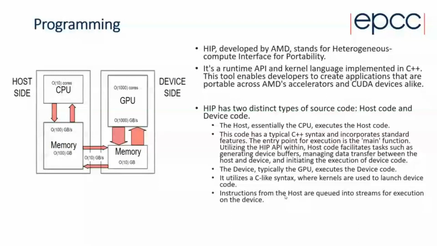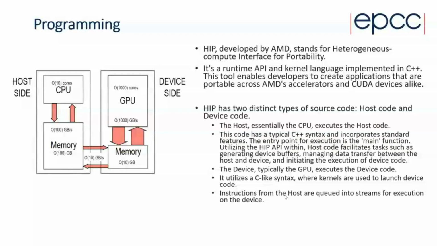So programming: HIP is developed by AMD, and stands for Heterogeneous Compute Interface for Portability, which is a nice mouthful. It's a runtime API and a kernel language implemented in C++. It enables you to create applications that are portable across AMD's accelerators and CUDA devices alike, which is quite nice. HIP has two distinct types of source code, host code and device code.